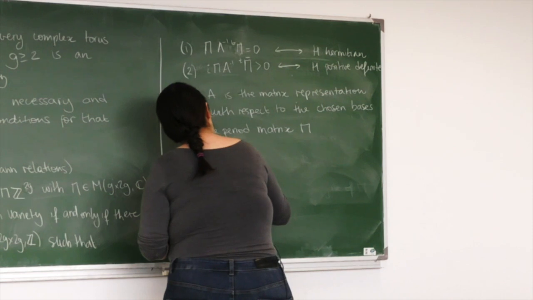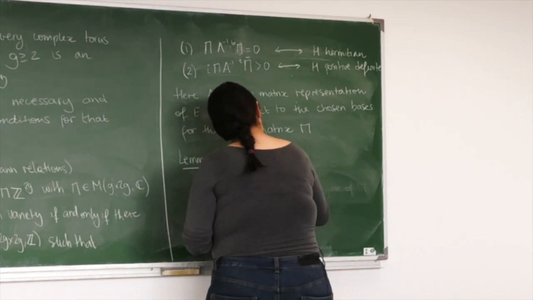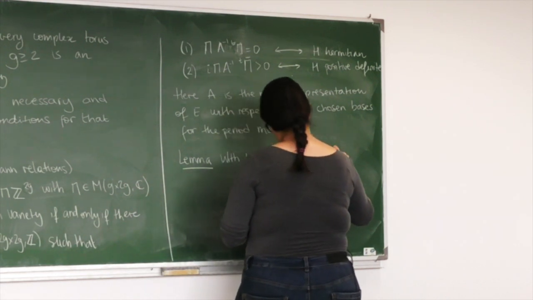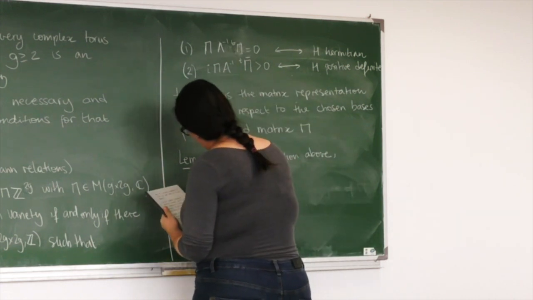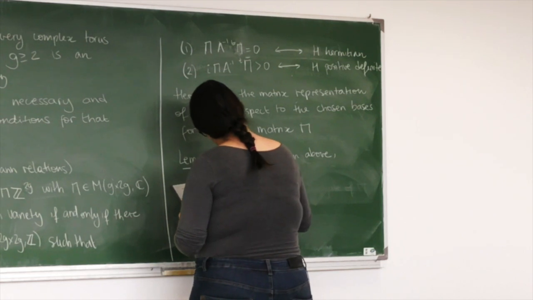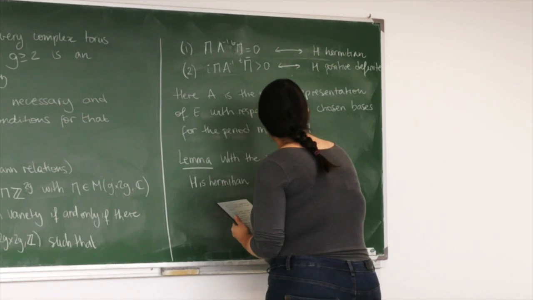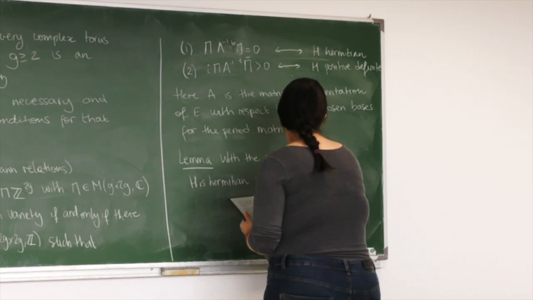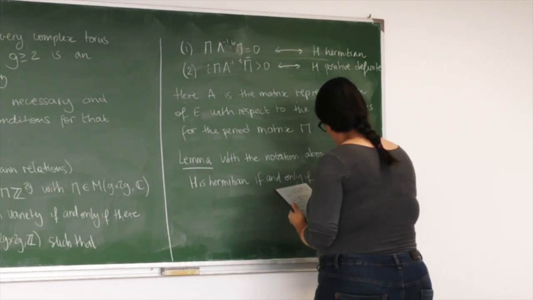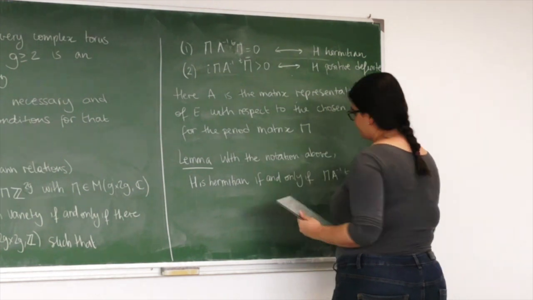So with the notation above, just for the sake of being a bit faster, H is Hermitian if and only if pi I inverse transposed of pi is equal to 0.